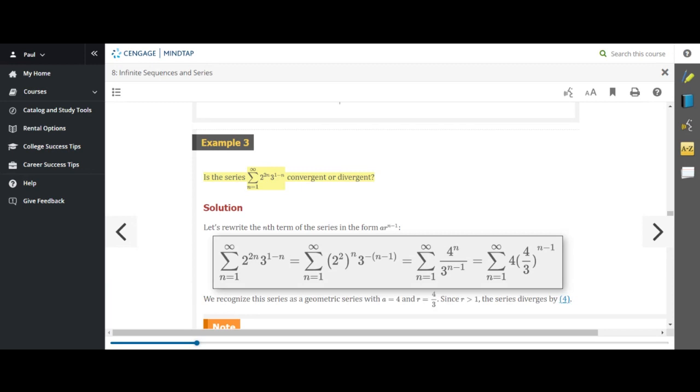Let me go to the whiteboard. So example 3 from the book. Have this series here.